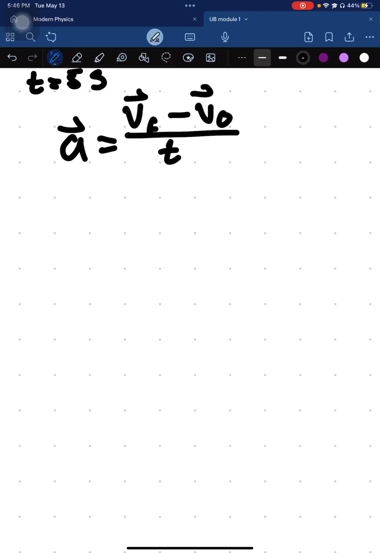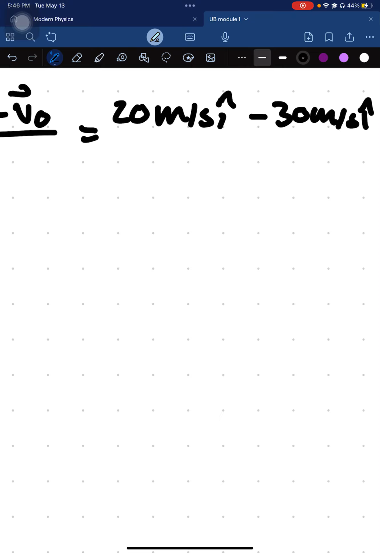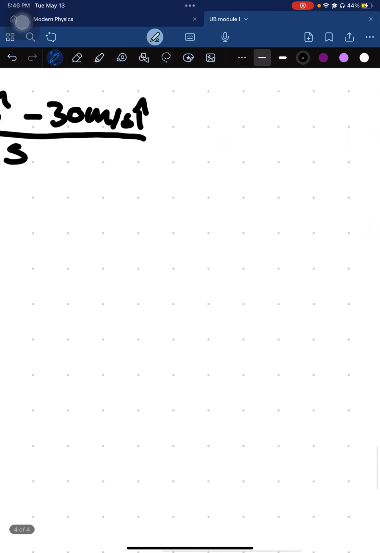Okay, so for this one, we already have done our algebra to find our acceleration, and we know this from our acceleration from above. So this is 20 meters per second I hat minus 30 meters per second I hat all over 5 seconds.